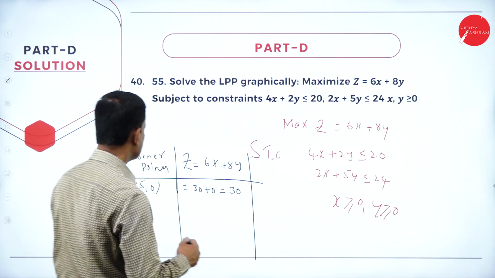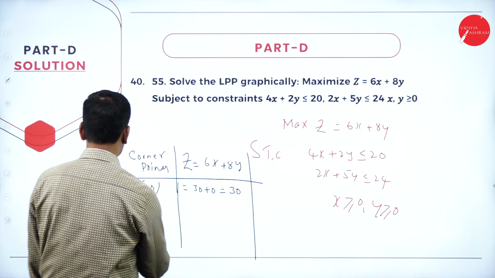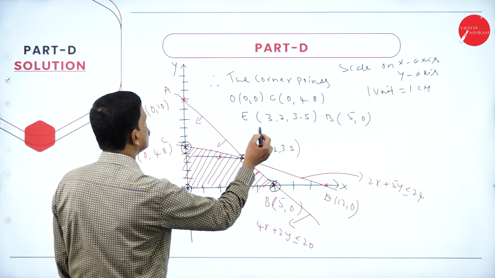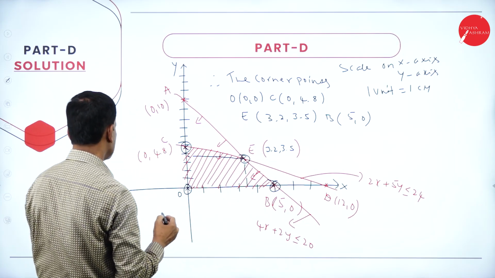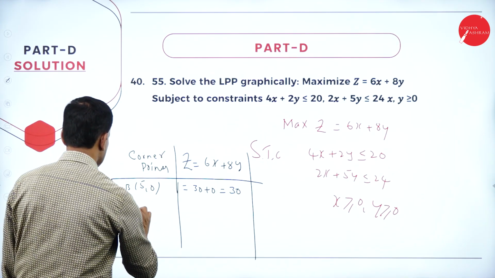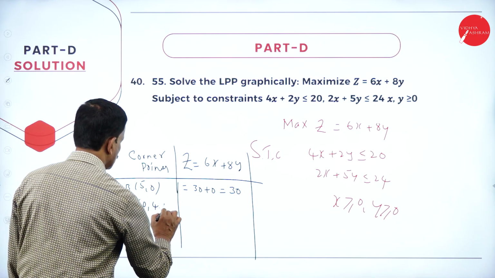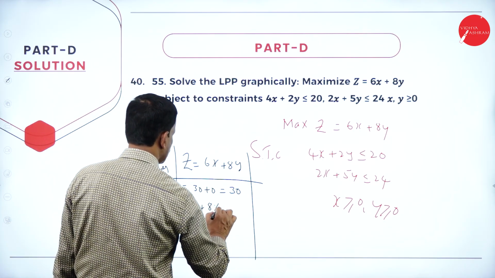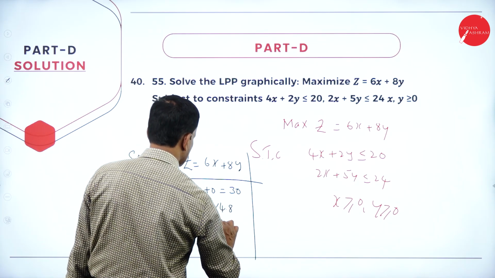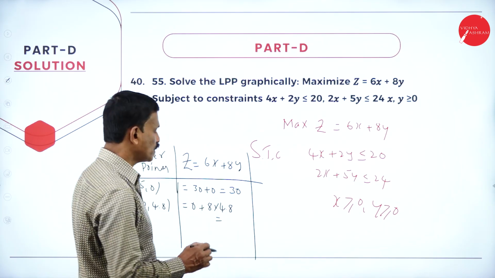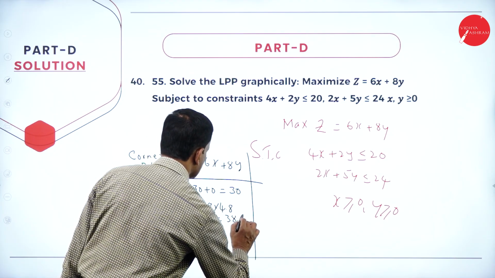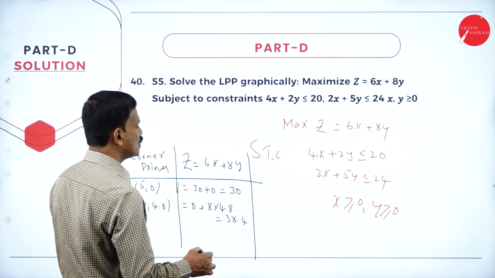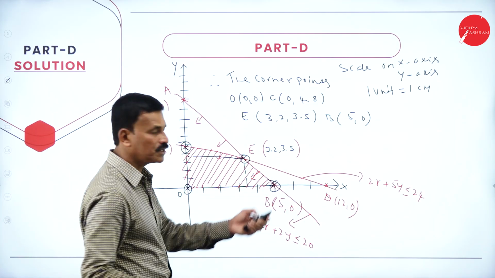Next, at another point, that is C, 0 comma 4.8: 6 into 0 is 0 plus 8 into 4.8. That's equal to 38.4.